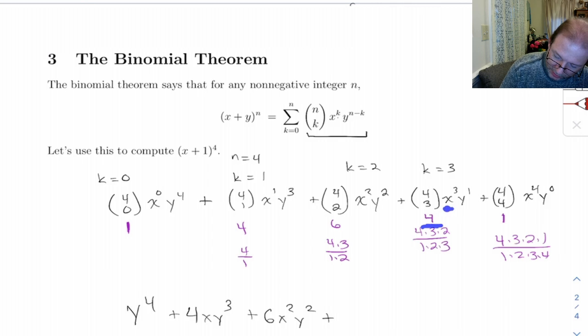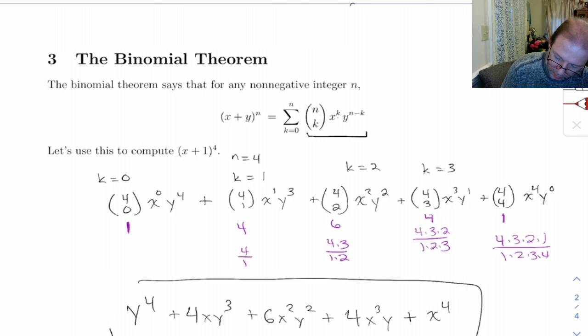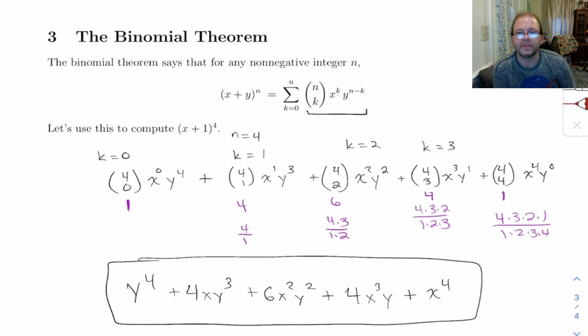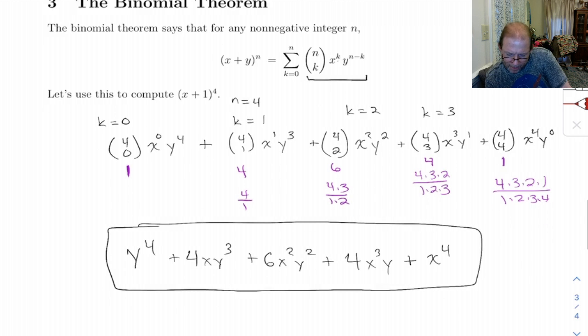Then 4x cubed y. And last is plus 1x to the fourth. That's it. So we can expand (x + 1) to the fourth out just like this. This still takes a bit of time to do, but it's another way of doing this.